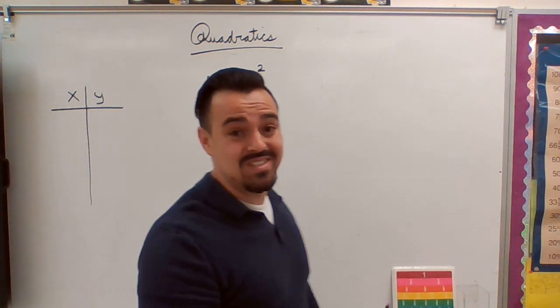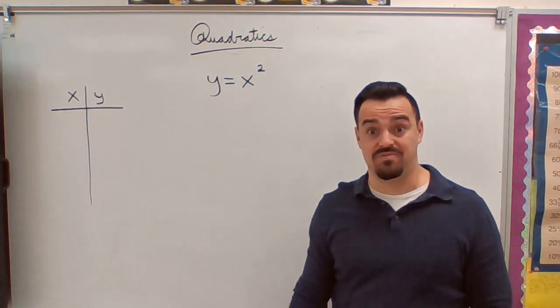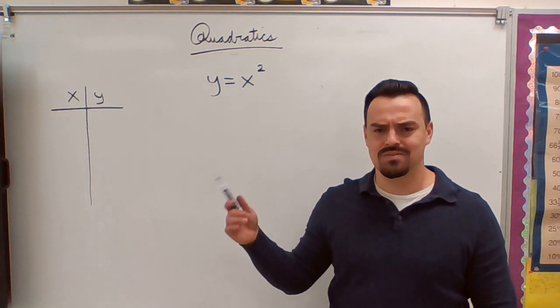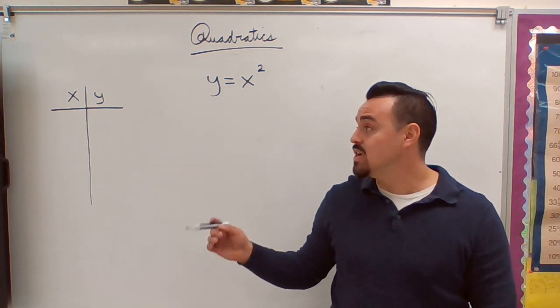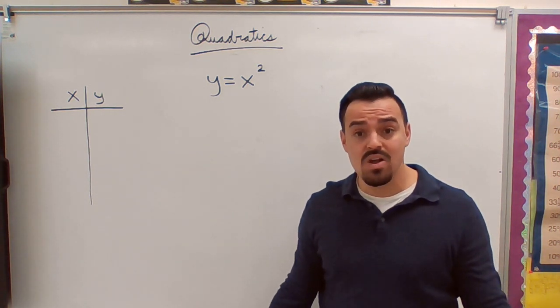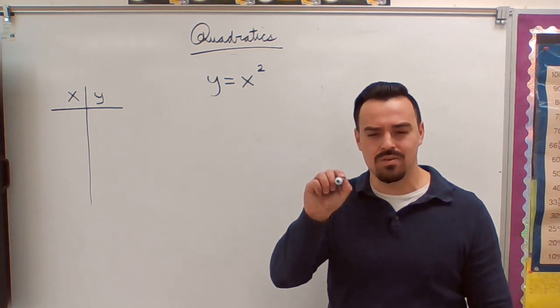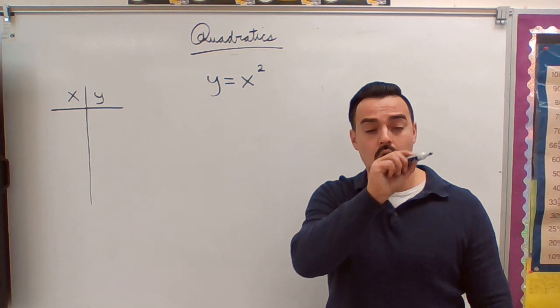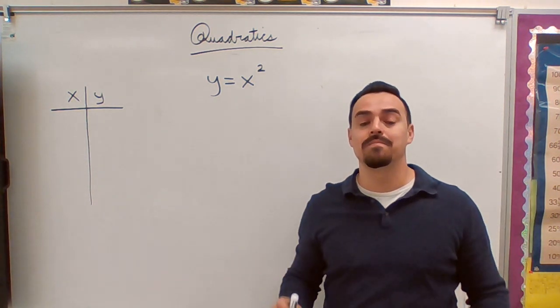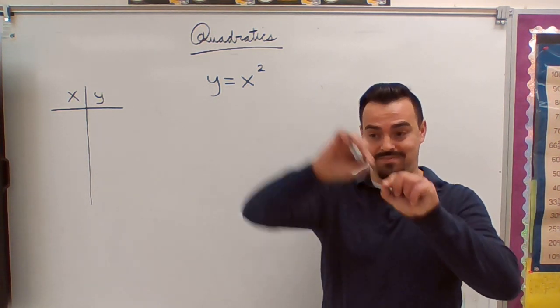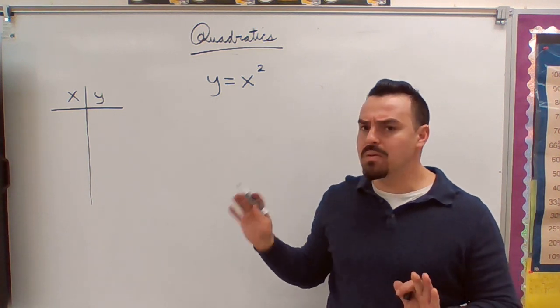Unlike linear equations, sometimes you need 3, 4, 5 coordinate points. You need that many coordinate points to be able to accurately model it. I can see that parabola. Whereas with a line, 2 points, connect those points, you got your line. So it's a little bit more complicated.